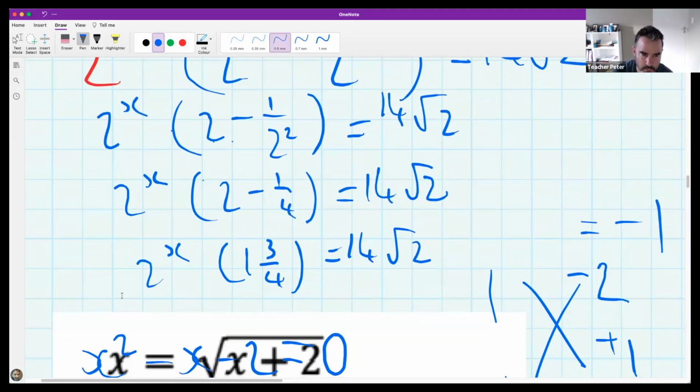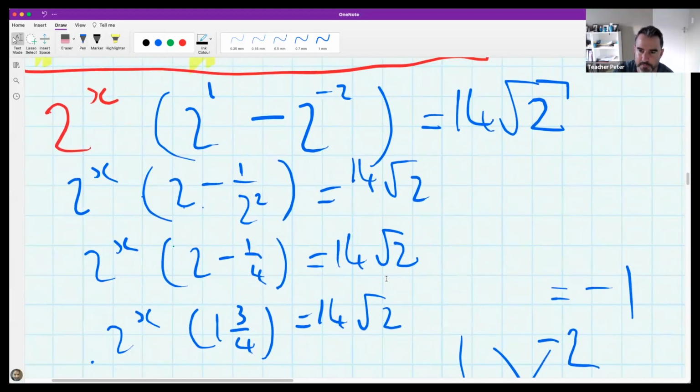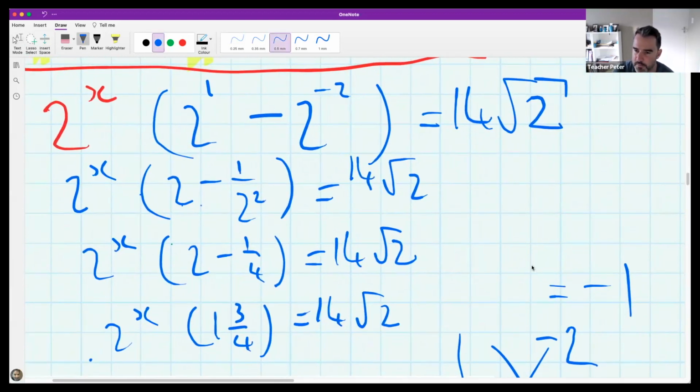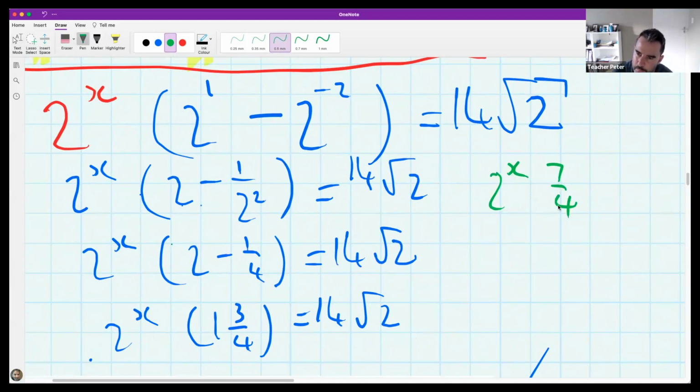Then what I'm going to do is I'm going to turn it into an improper fraction. So let me get rid of this so that you have more space to see what's going on. I'm going to change colors so that it stands out. Okay, this can be written as 7/4. And this is 14 root 2.